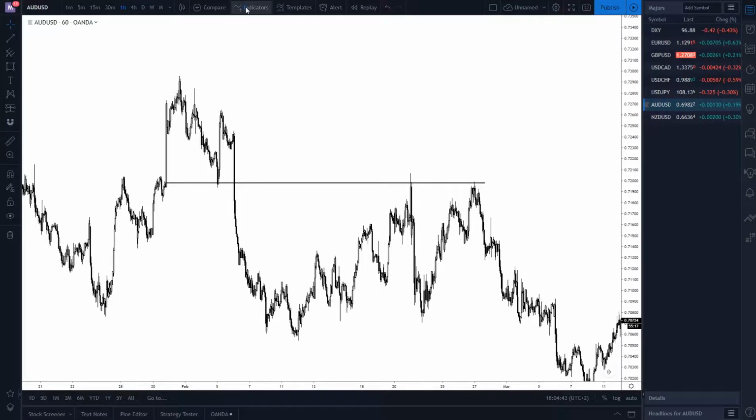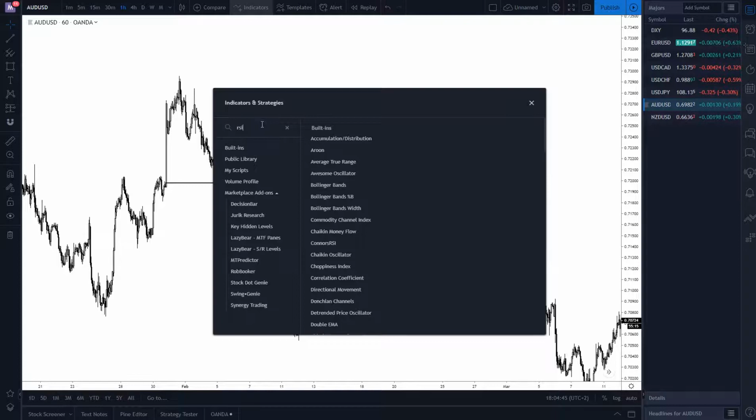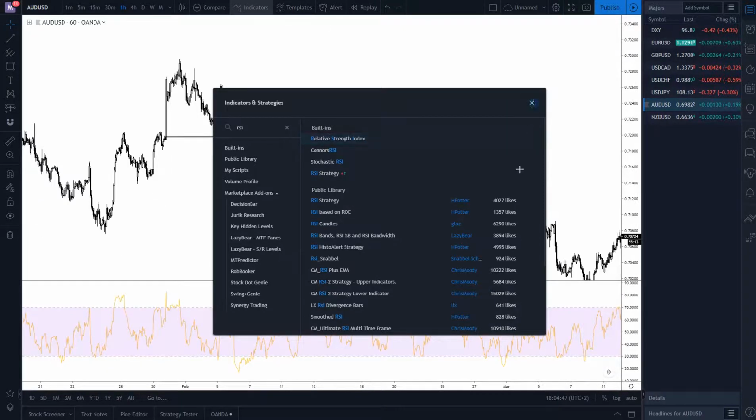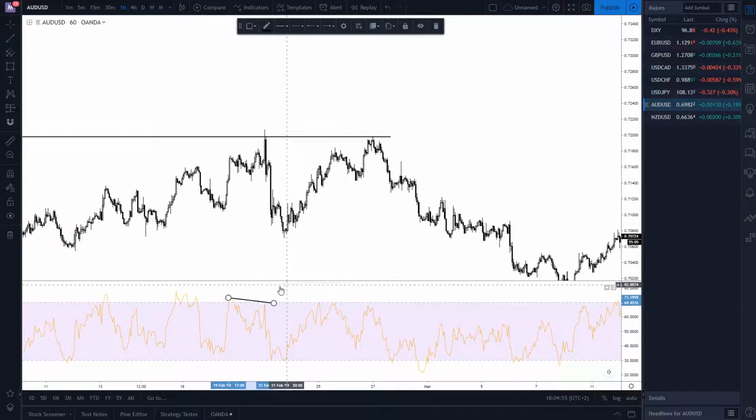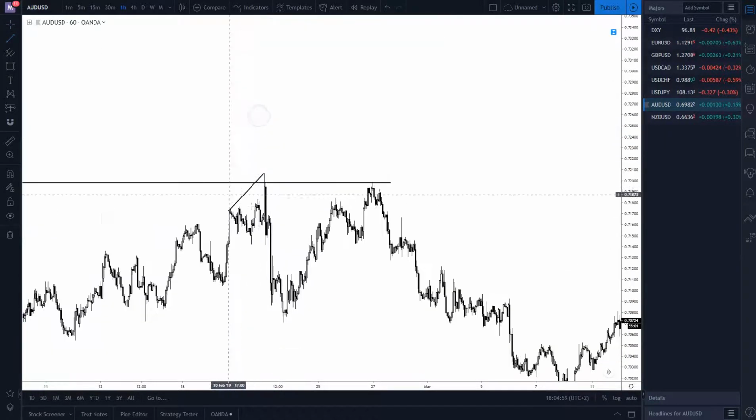So for example, even with indicators, let me take a look at what RSI is doing here. We have a divergence here on RSI, for example. This was just the most random thing which came to my mind.